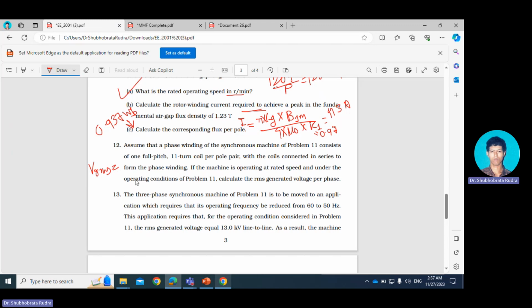It should come from omega into your phi P. Your phi P, the flux per pole, is 0.937 Weber. Therefore, this flux per pole you should use here, and you can use this formula.